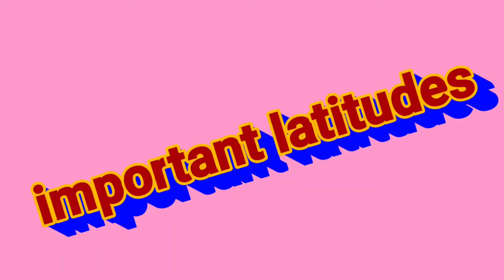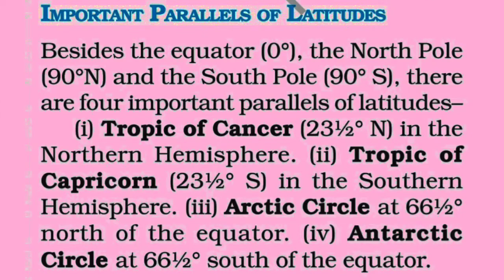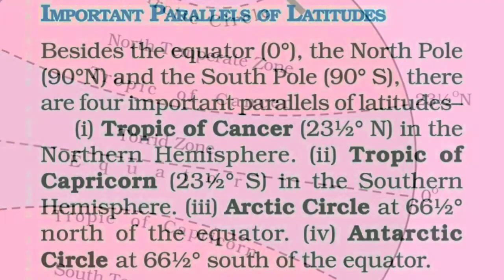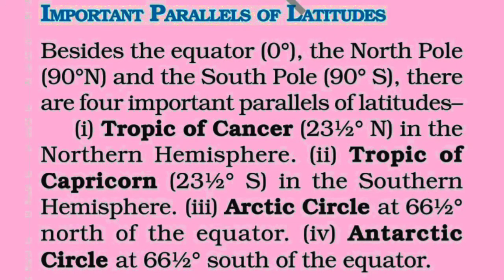So we come to the next topic, that is important latitudes. Children, it is very important to understand it properly. Besides the equator, the North Pole and the South Pole, there are 4 other important latitudes. The first latitude is the Tropic of Cancer, that is 23.5 degree north and situated in the northern hemisphere. It also passes through the center of our country India.